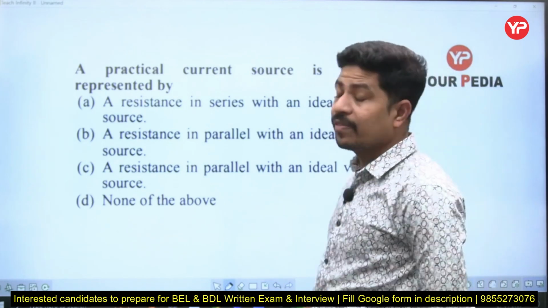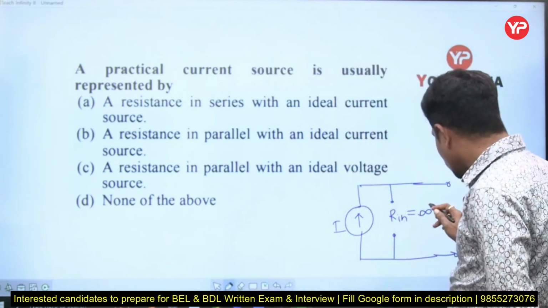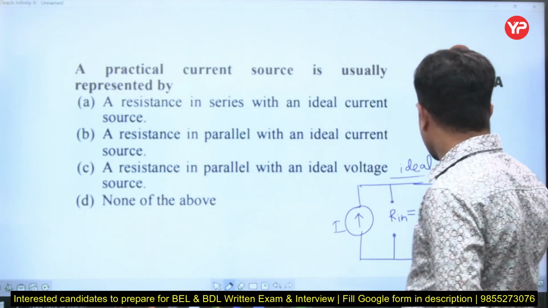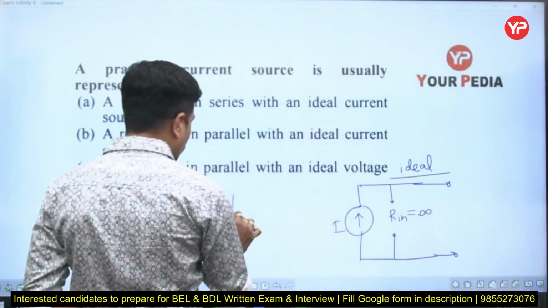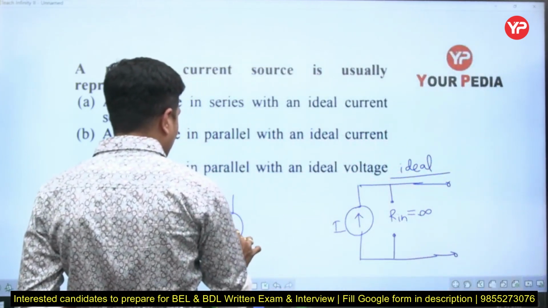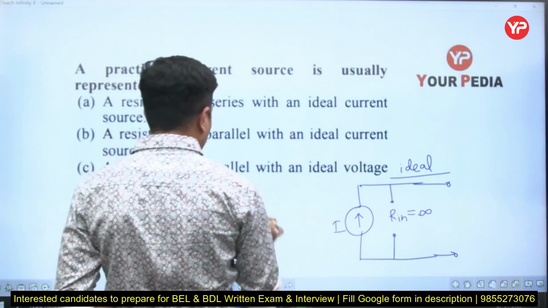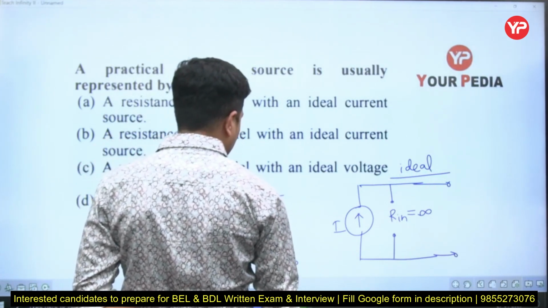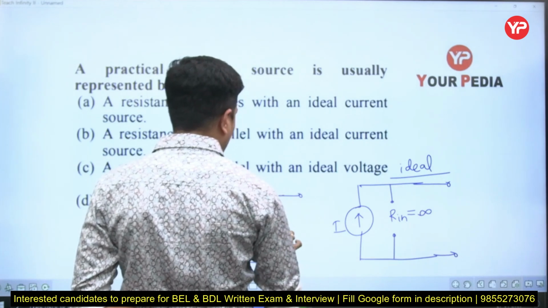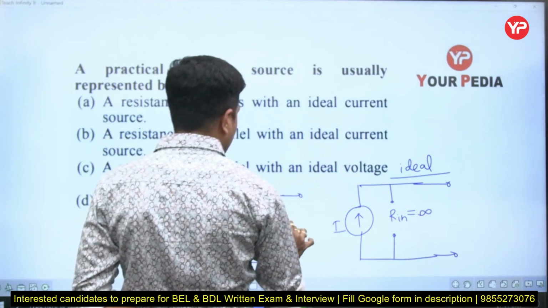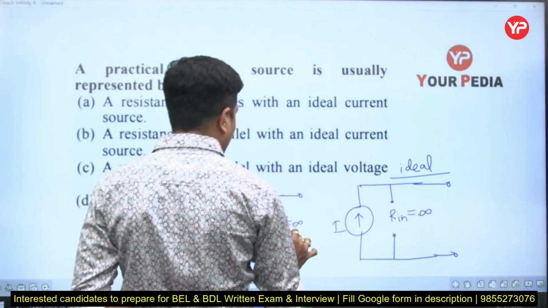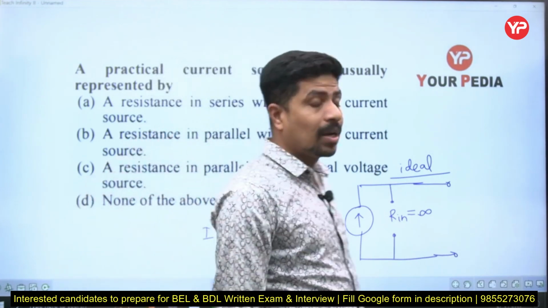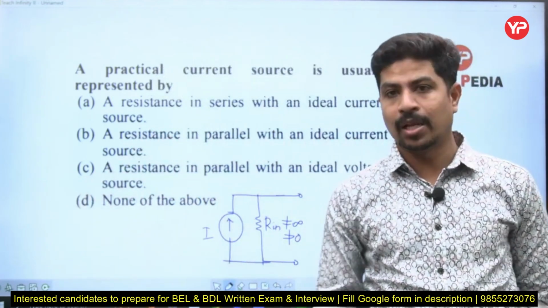But if it is practical, it is a current source symbol in parallel with some finite amount of resistance. This is Rn, which is not equal to infinite, not equal to 0. It is more than 0 and less than infinite, some finite value.